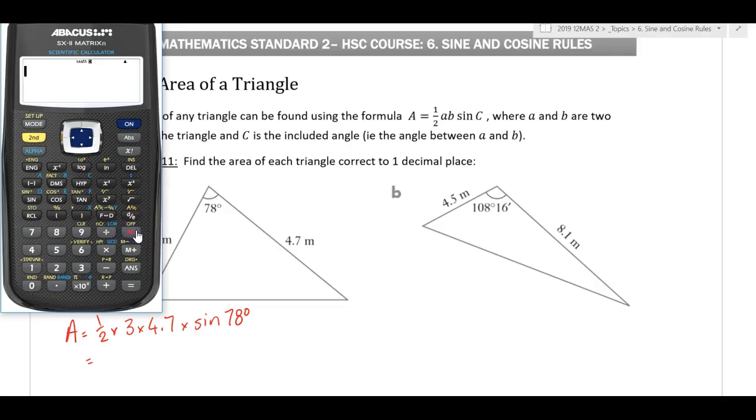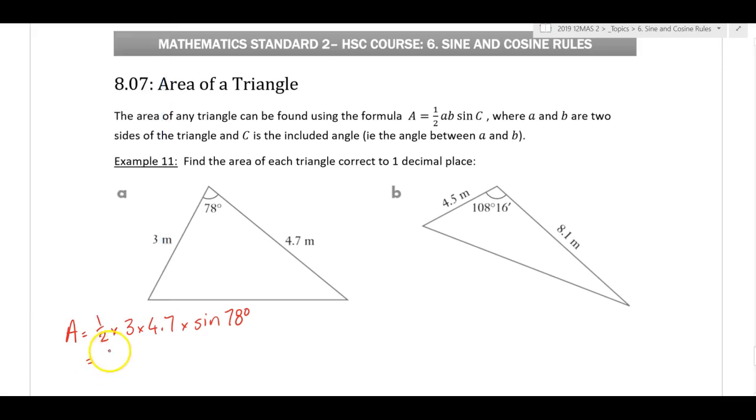We've got 0.5, I would rather write than half, times 3 times 4.7 times the sine of 78. Here we go, and we get 68.959. We'll call it 69.0 square meters.